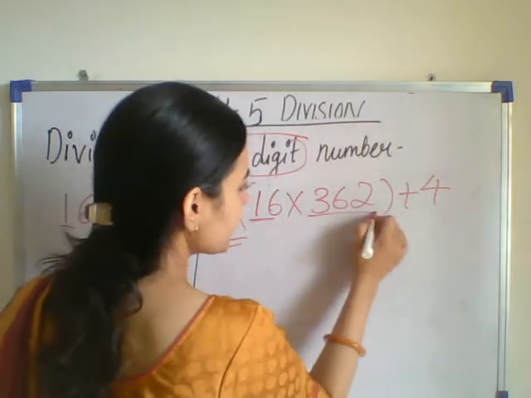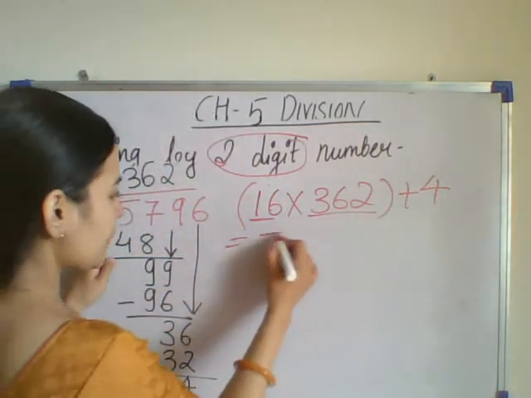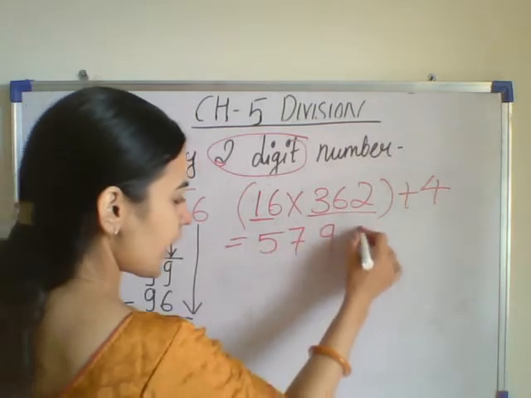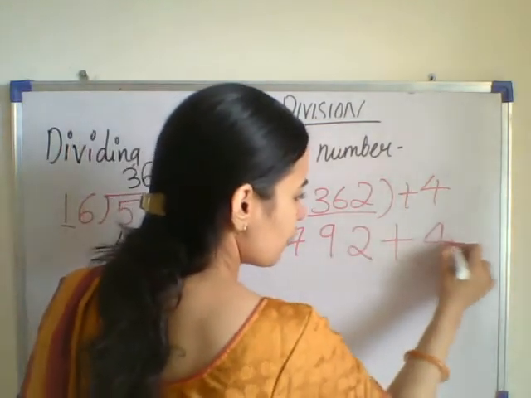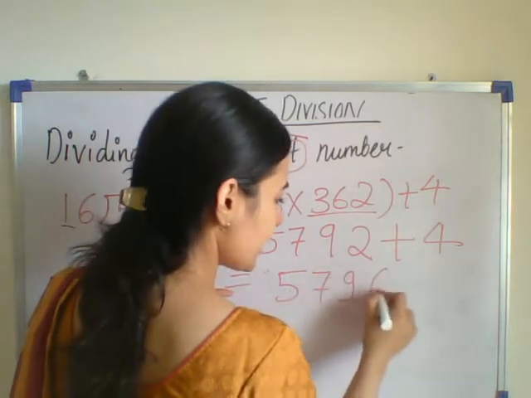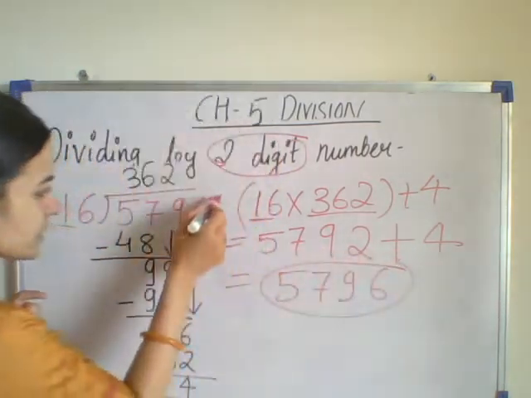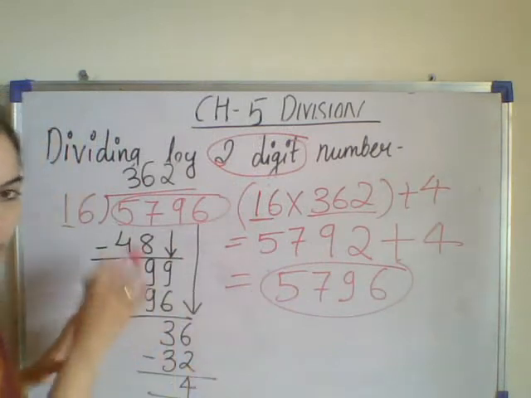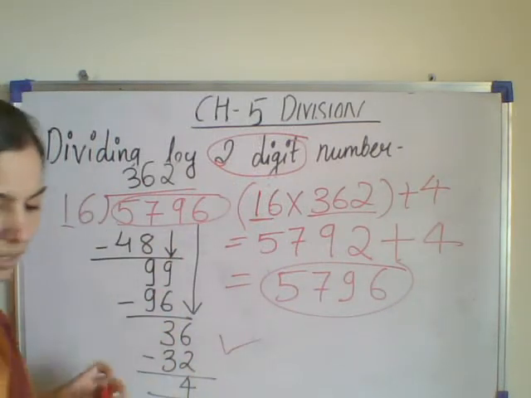If you multiply 16 by 362, you will be getting 5792, plus 4. We will be getting 5796. You can see this is our dividend. So the division that we have done is correct.